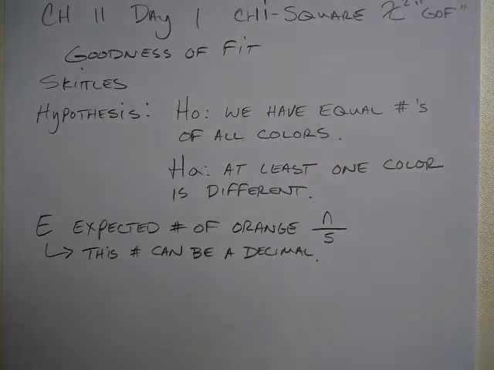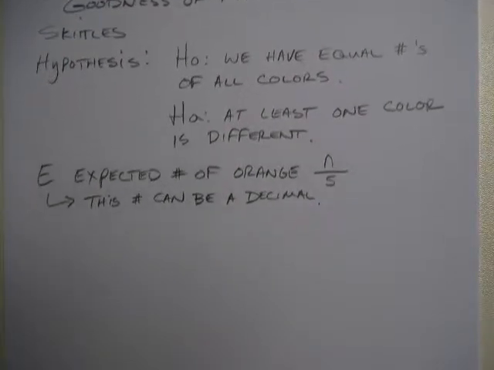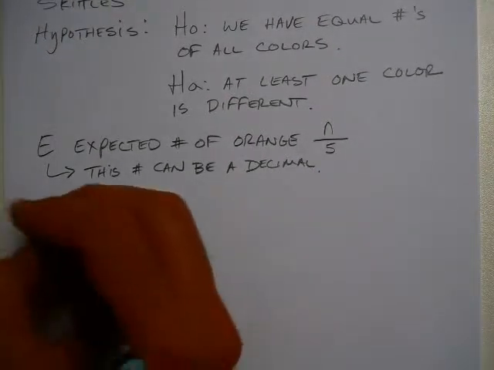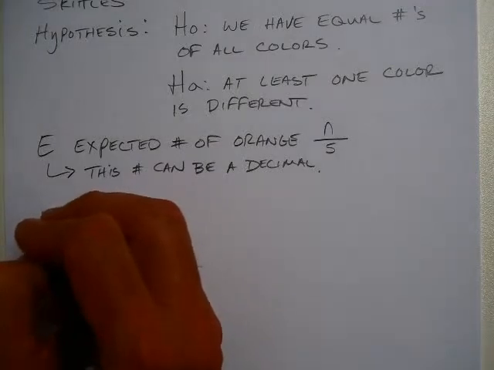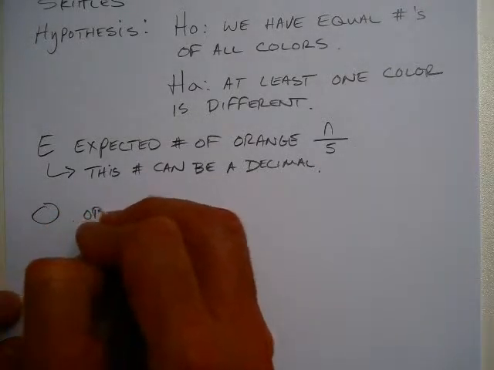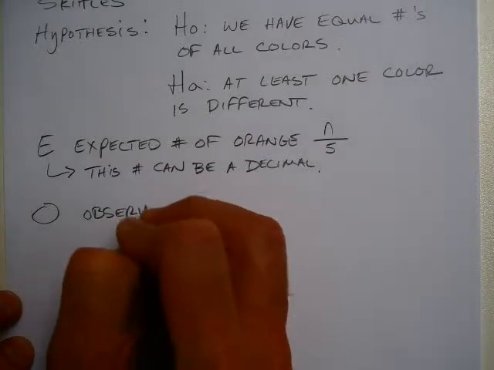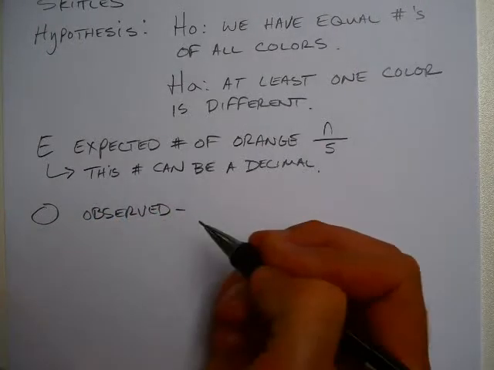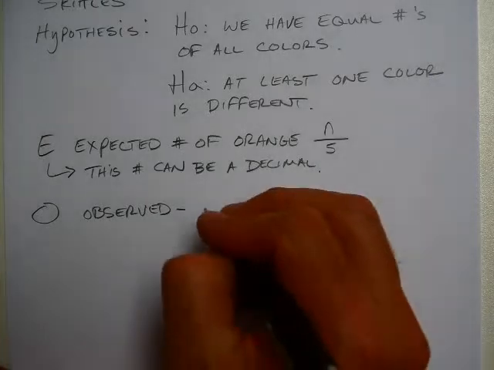Is that a 5? Yeah, it's a 5, because there's 5 colors. Now, we have the expected, what we expect. The next thing is what have we observed? That's O. That's the actual count of a particular color.